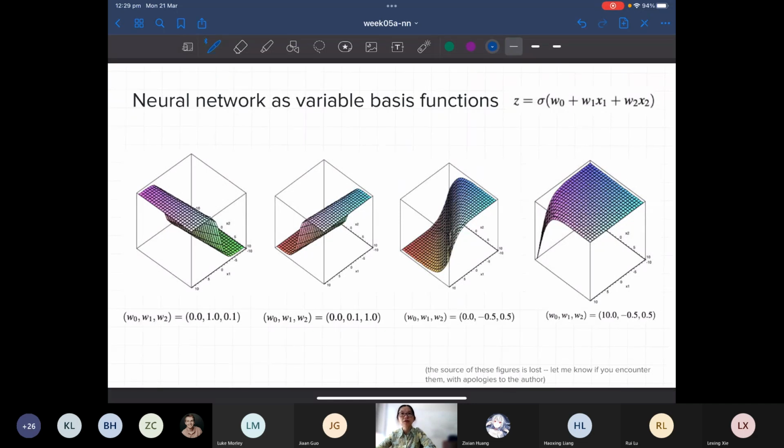One way to interpret a neural network in light of what we just learned is that we can look at it as basically learning a flexible basis function that is tuned to training data, and hopefully your problem domain. What this also means is that we don't need phi of x anymore.